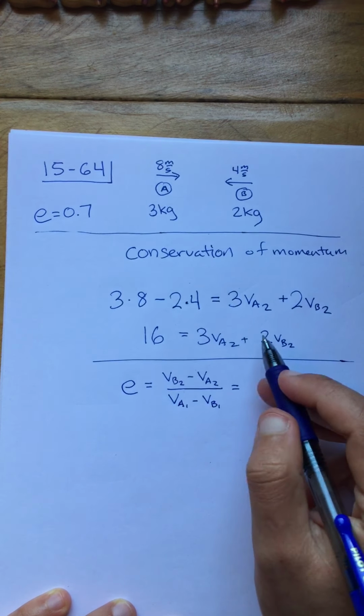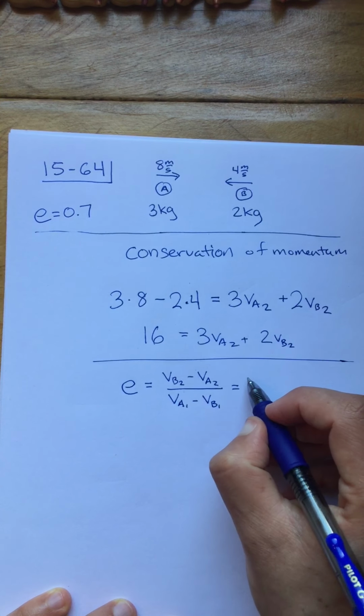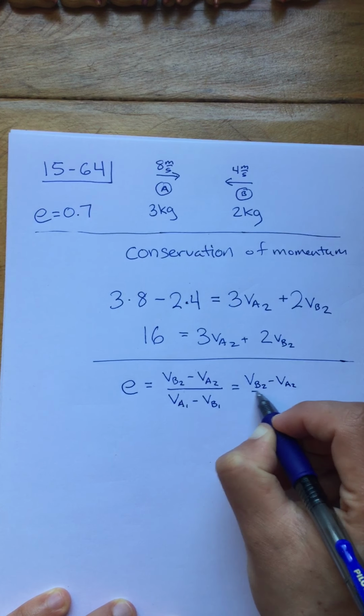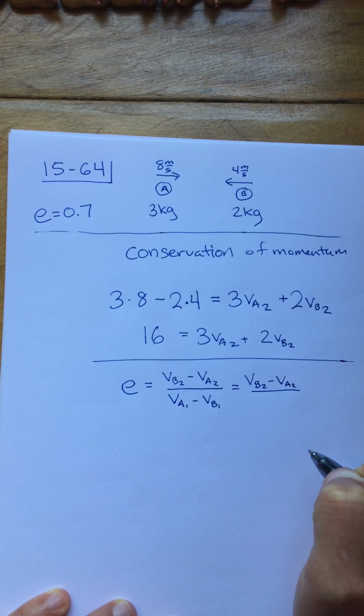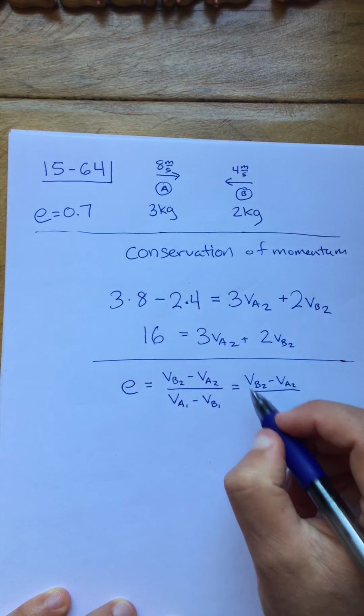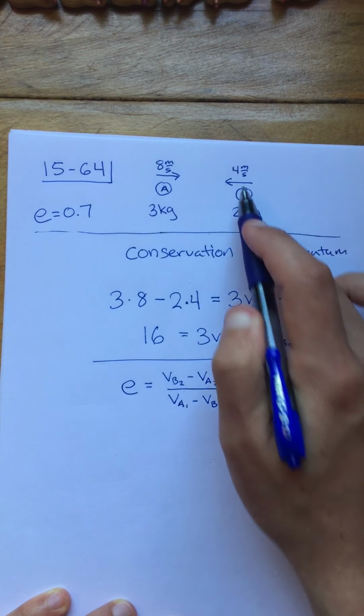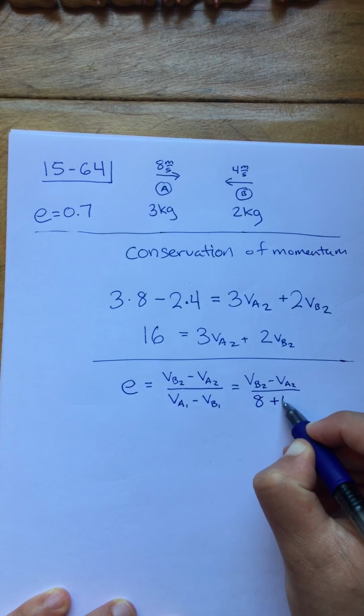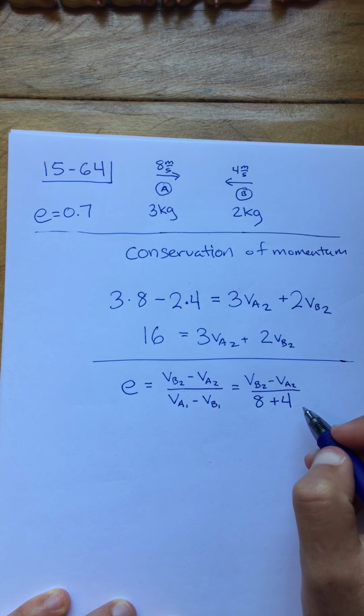So let's pretend I don't know the signs of the final velocity. So I'll just say VB2 minus VA2, and then I'll get something negative if it's going in the opposite direction. VA1, that's 8 in the positive direction. VB1 is 4 in the negative direction. I already have a negative sign there, so that's 8 plus 4.